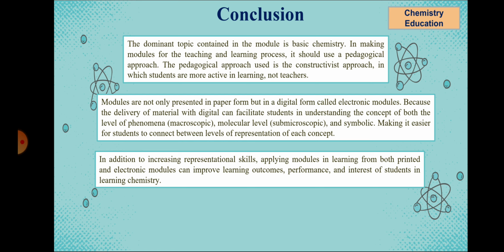Modules are not only present in paper form but in a digital form called electronic module because the delivery of material with digital can facilitate students in understanding the concept at both the level of phenomena macroscopic, molecular level, submicroscopic, and symbolic, making it easier for students to connect between level of representation of each concept.